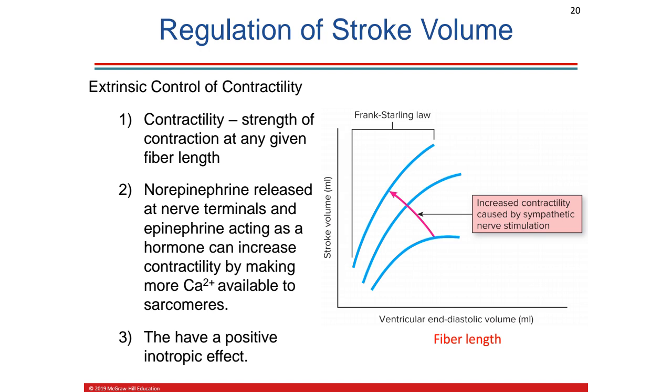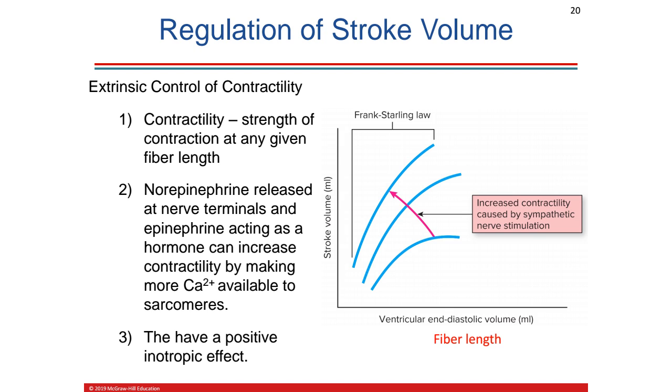So again, let's look at this graph. If we pick a point and we say, okay, here we have a given fiber length and we have a certain stroke volume. Now, if we stimulate the sympathetic nervous system and we have norepinephrine released at nerve terminals, and remember that some of these terminals will go directly to cardiomyocytes in the ventricles as well as cardiomyocytes in the atria, they'll stimulate these to contract with more strength.